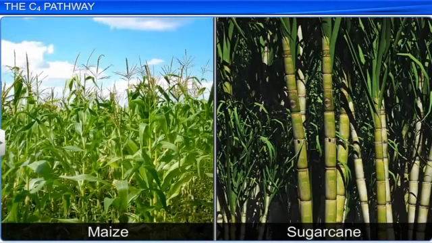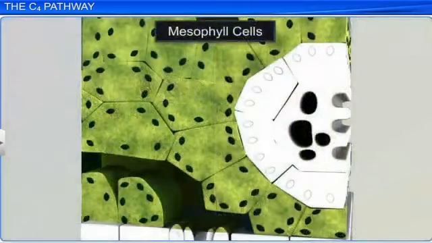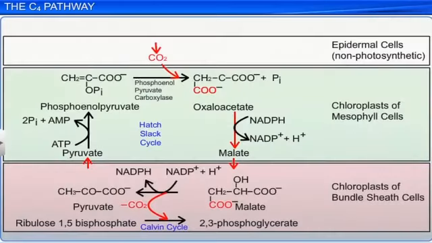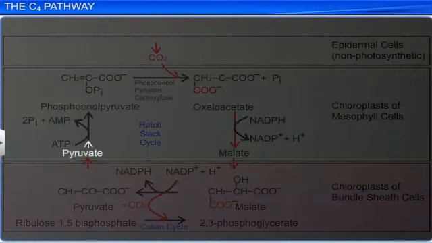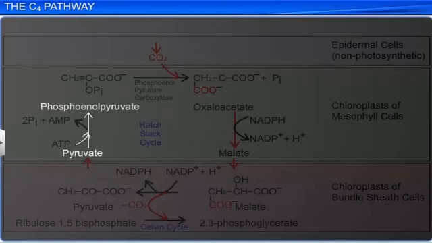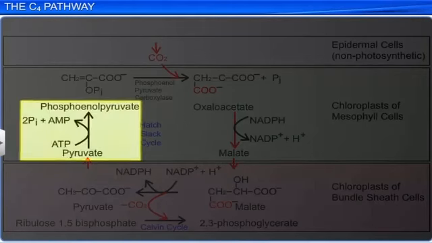In the C4 pathway, carbon dioxide is fixed in the mesophyll cells. The first step is the conversion of pyruvate to phosphoenol pyruvate by utilizing 1 molecule of ATP in the presence of the enzyme pyruvate phosphate dikinase.